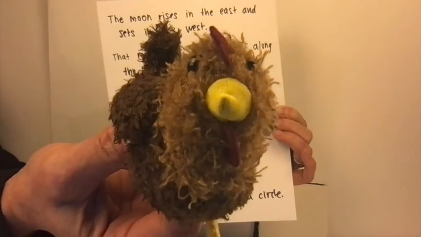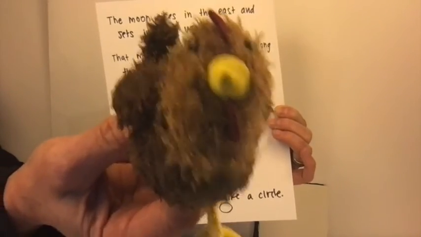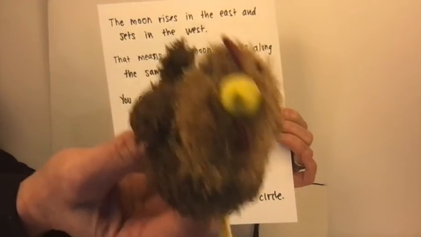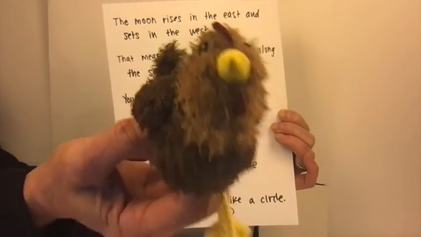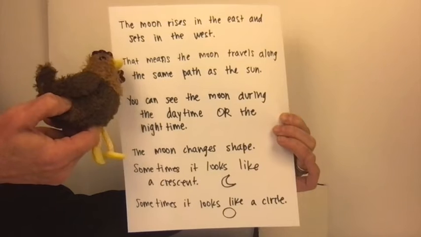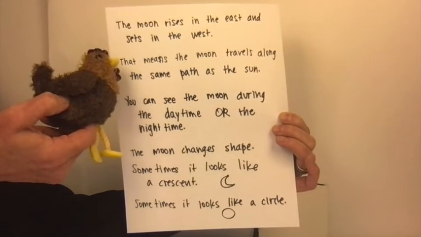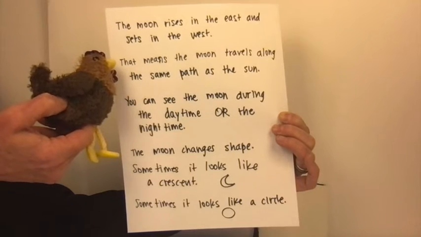That means if you know where to find the sun in the sky, that's where you should look to find the moon. Not at the same time, but just along that same pathway or road. That means the moon travels along the same path as the sun.